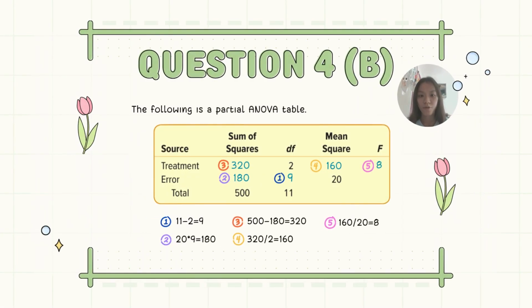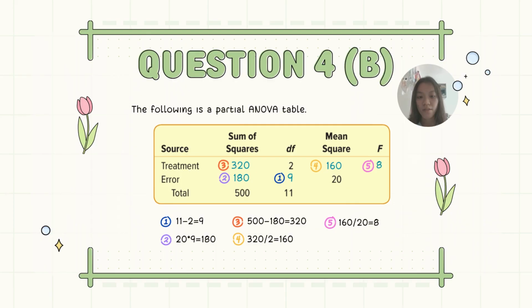For question 4B, we need to complete the partial ANOVA table. First we move on to the column of degrees of freedom, which is given by the data. We use 11 minus 2, equal to 9. So our degrees of freedom for error is equal to 9. Then we move on to the column of sum of squares.